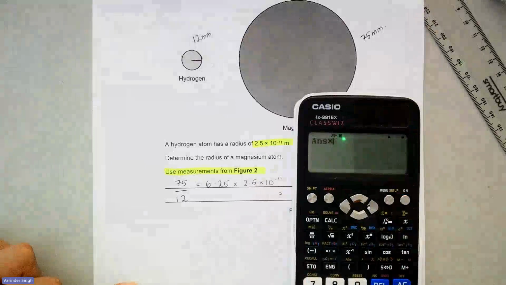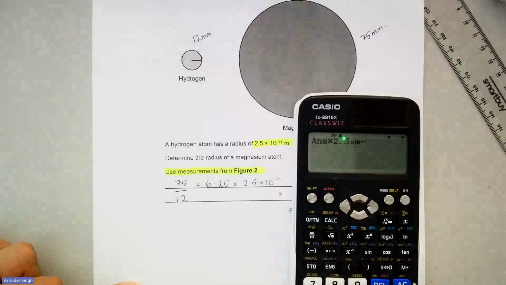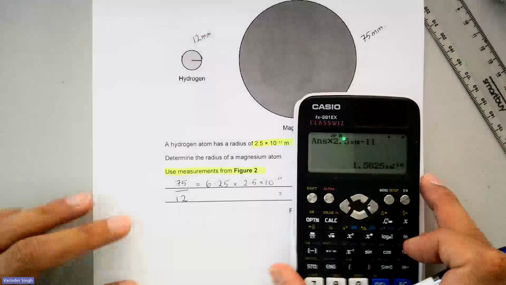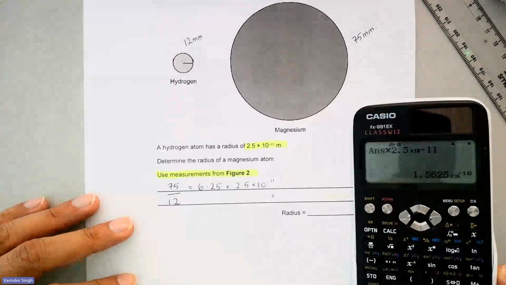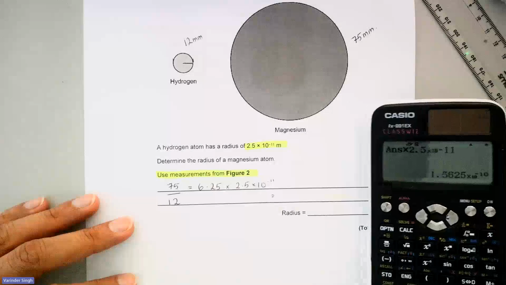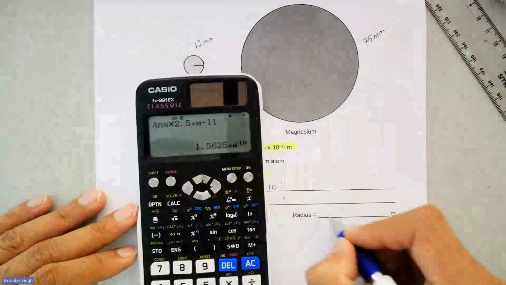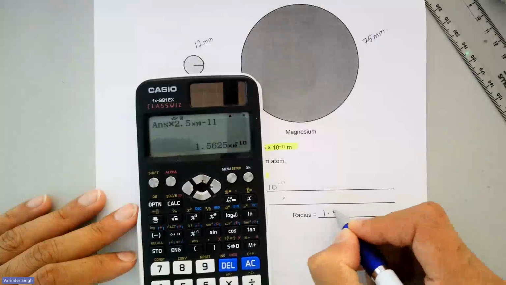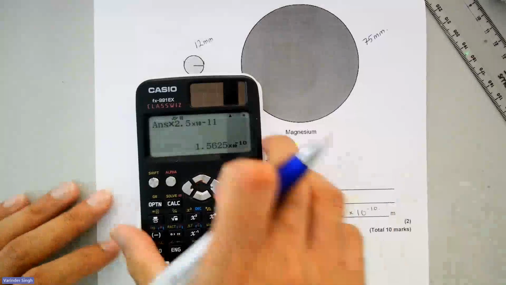It's just going to multiply that by 2.5 times 10 to the minus, don't forget the minus 11, and we get 1.5625 times 10 to the minus 10. What we'll do is round that to two decimal places. So 1.56 times 10 to the minus 10 meters.